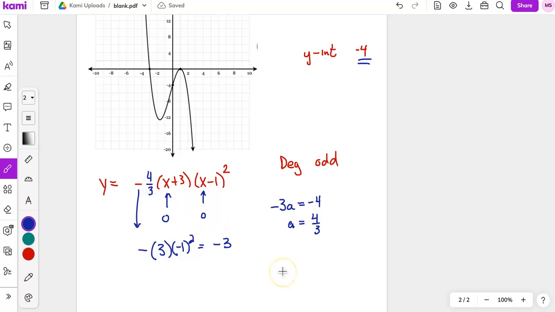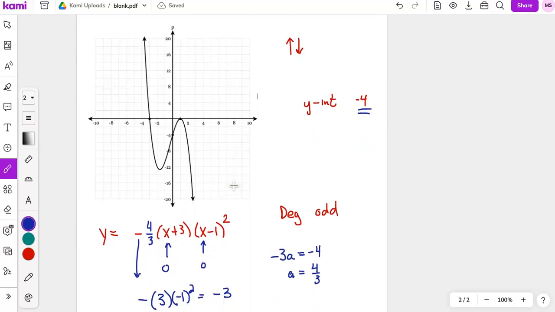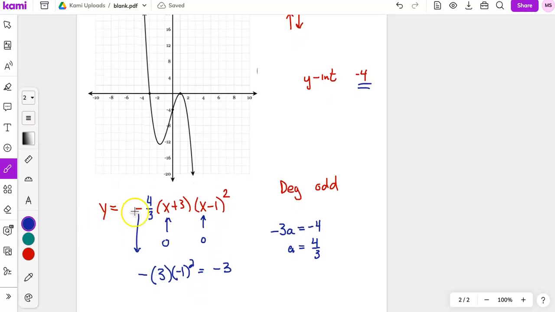And so that's the equation of your function. Remember, you have to get your zeros, your multiplicity, your end behavior, and if you go back to this table, that'll help you with end behavior. And then you have to check to see if you need a number out front so that you can figure out if your y-intercept is right.